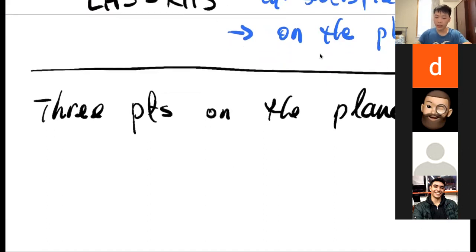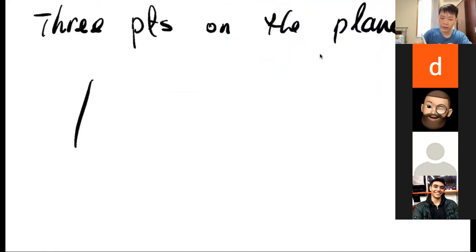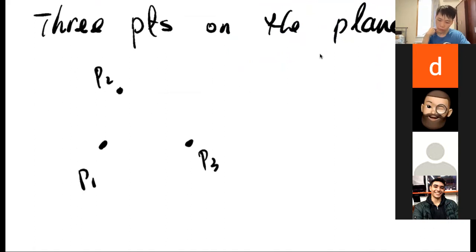Okay, so the idea is that when you have 3 points, P1, P2, P3, let's focus on P1. You can join the points P1 and P2 with a vector.